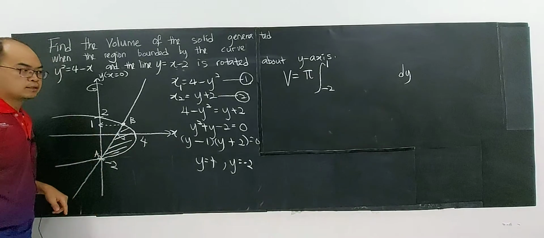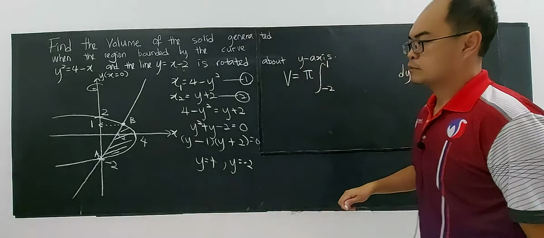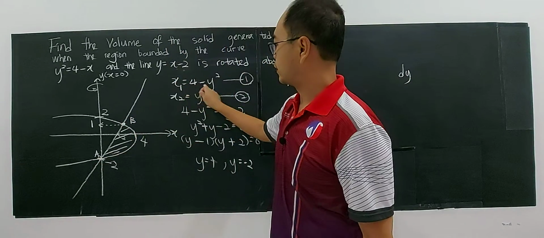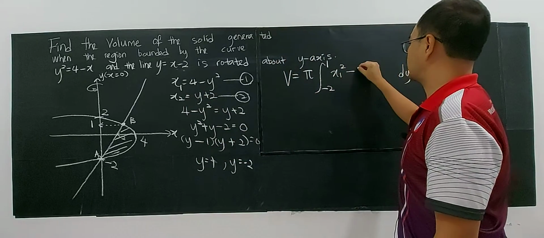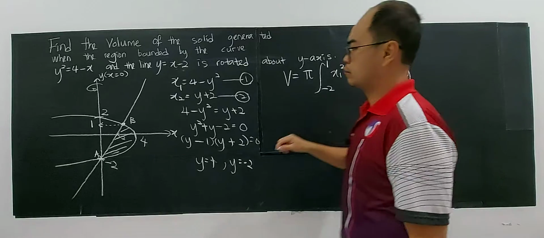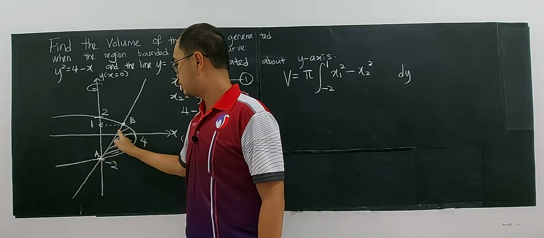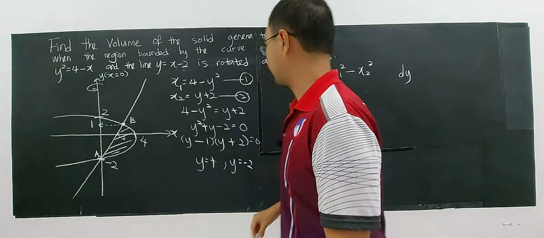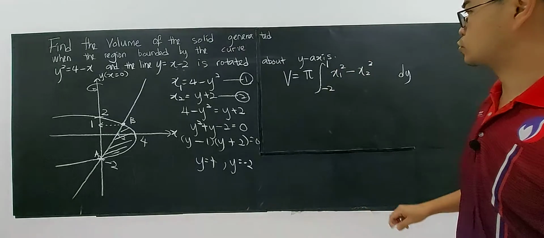The curve is represented by x1, so I have to take x1 to the power of 2 minus x2 to the power of 2, because the line x2 is nearer. I have to take the curve minus the line, but both of them must be squared.